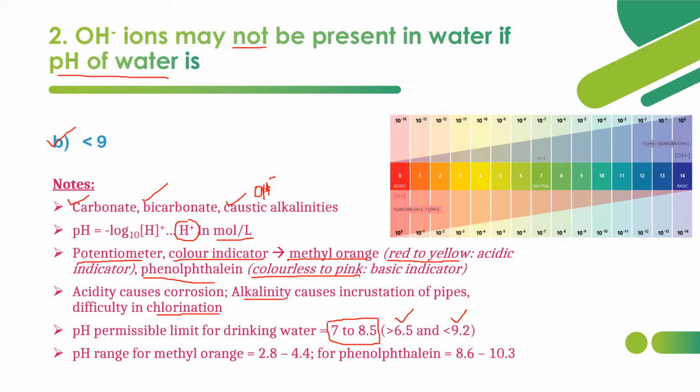The pH range for methyl orange is around 2.8 to 4.4, and for phenolphthalein it is 8.6 to 10.3. That's why phenolphthalein is a basic indicator, with a pH value of more than 7, and methyl orange is an acidic indicator, with a pH value of less than 7. Now let's move on to the third question.